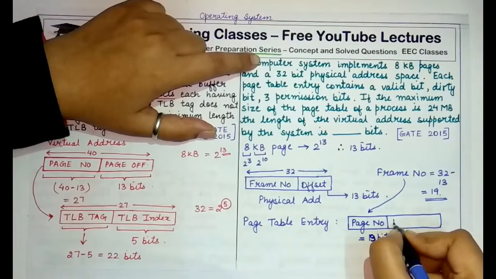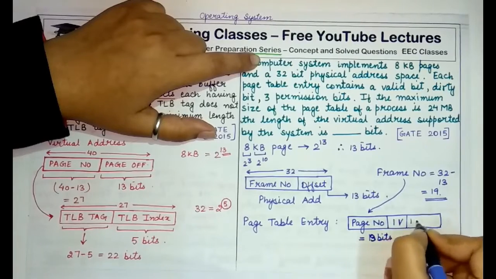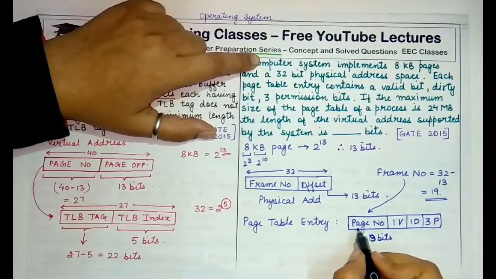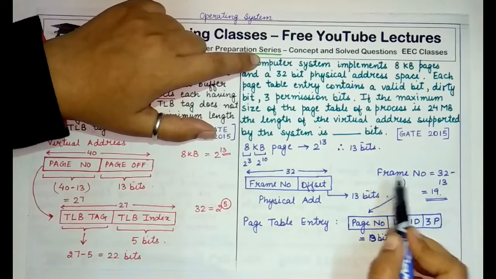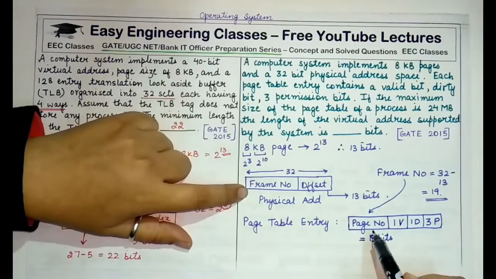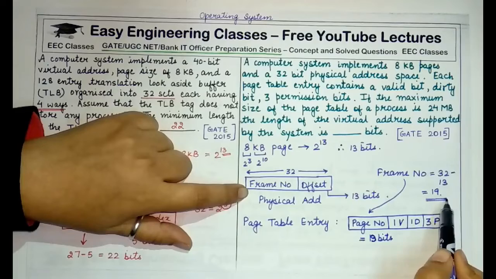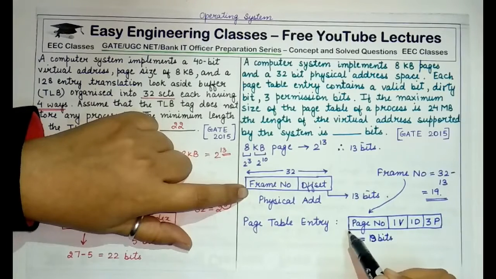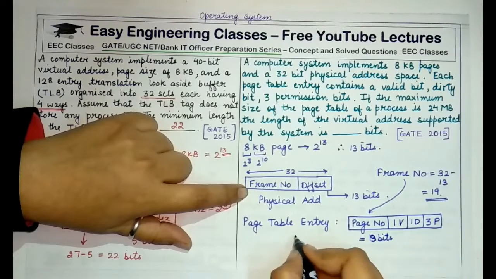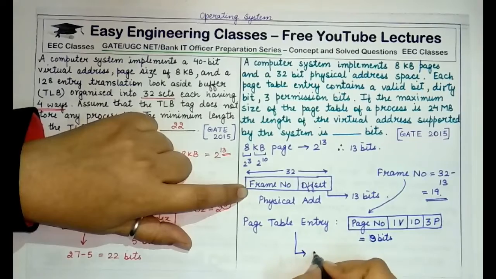Then we have 1 valid bit, we have 1 dirty bit, and we have 3 permission bits. So this page number corresponds to the frame number field. That means there is a direct mapping between frame number and page numbers. Therefore 19 bits would represent this page number field, 1 bit for valid, 1 bit for dirty, and 3 permission bits. Therefore the total size of one page table entry would come out to be 24 bits.